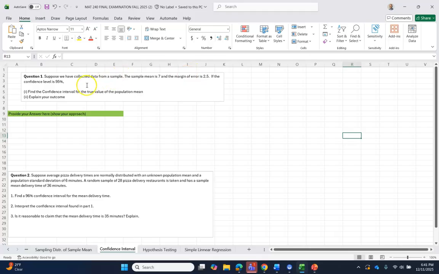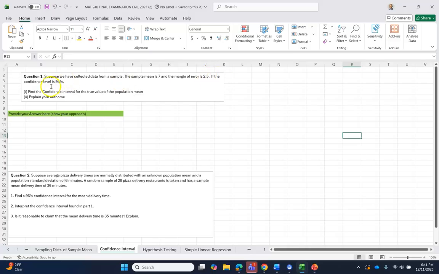Let's look at the first question. It says, suppose we have collected data from a sample and the sample mean is 7 and the margin of error is 2.5, so we have the margin of error of plus or minus 2.5.